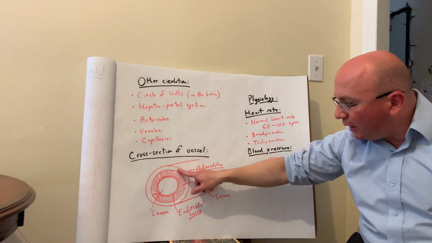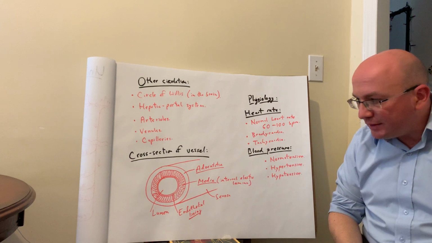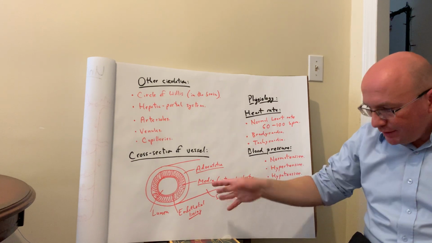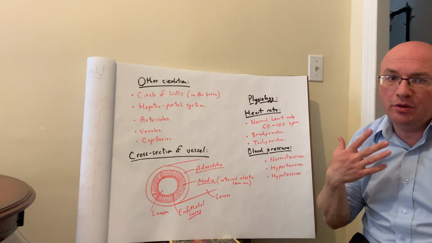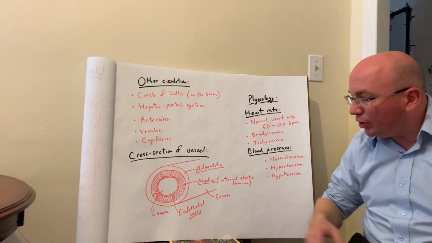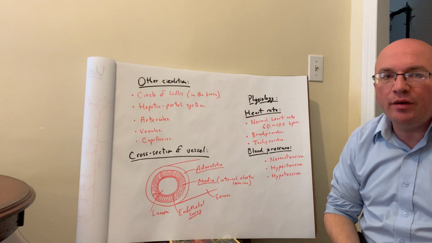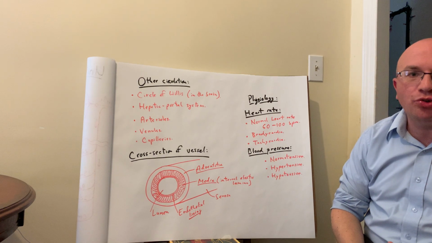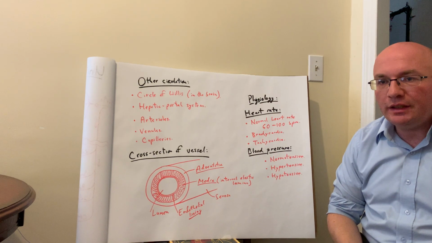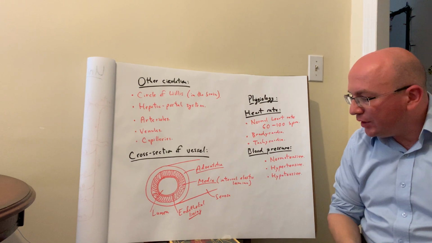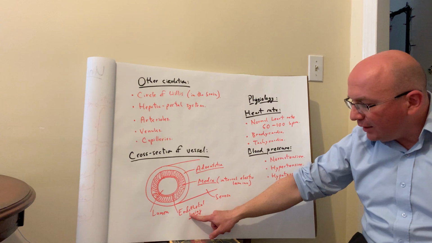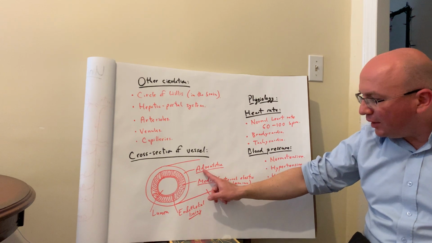And then the outer layer, which varies by size. As you can see, this is not to scale, obviously. That would be either we call it the external layer or the adventitia. And this one, again, will have collagen fibers, other support tissue, things like that, to provide that extra stability again to the blood vessel. So the three layers are endothelial lining, media, adventitia.